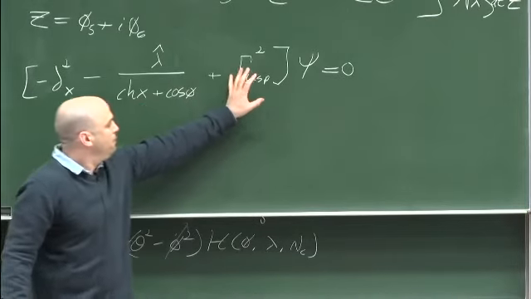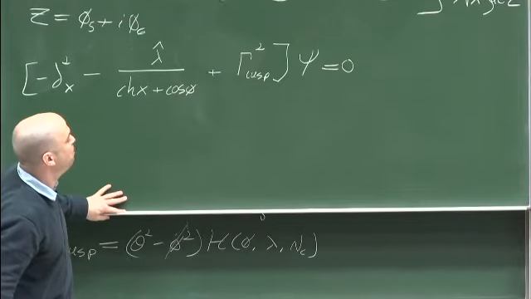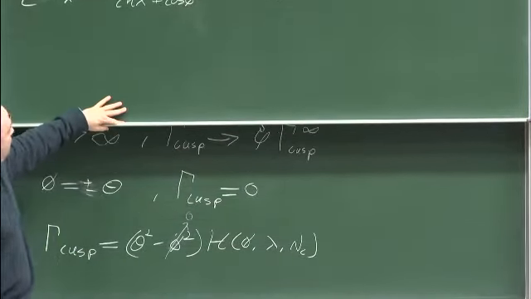So you see the gamma cusp is just the ground state energy of this quantum mechanical problem. This is a much simpler problem to solve now.